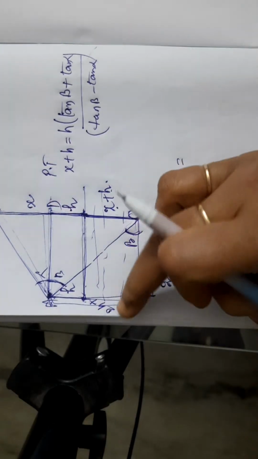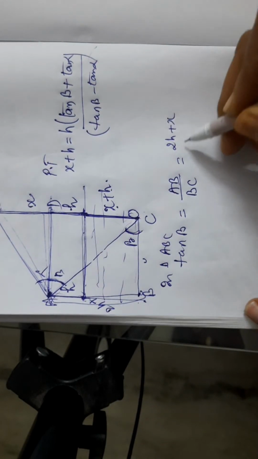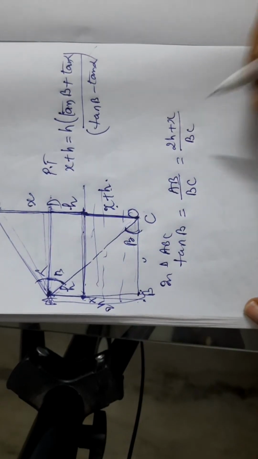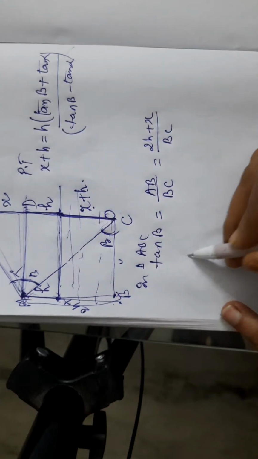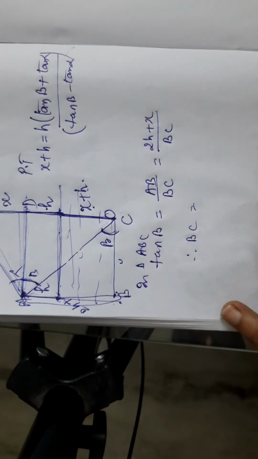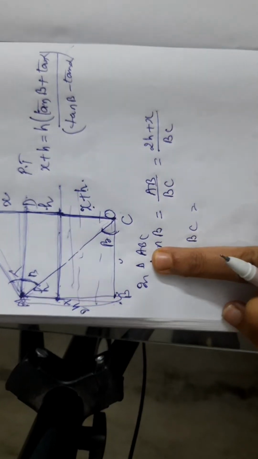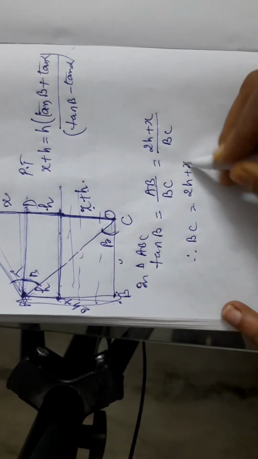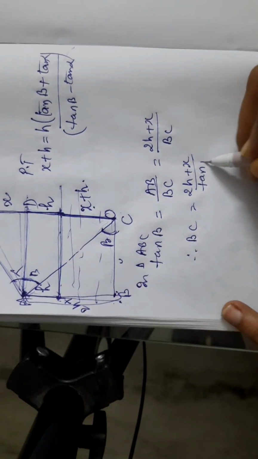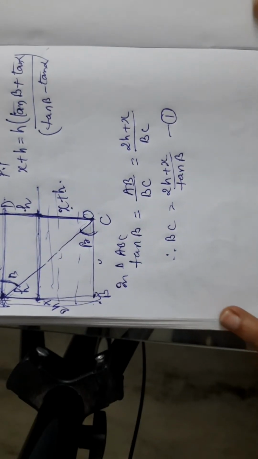Here the perpendicular is 2h plus x and the base is BC, so we can find the value of BC. Bringing tan beta to the denominator, BC is 2h plus x upon tan beta. Let it be the first equation.